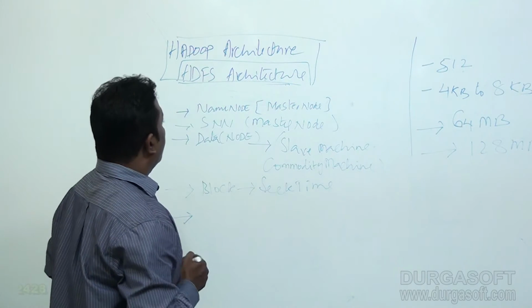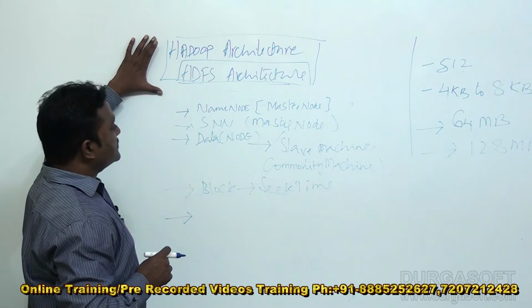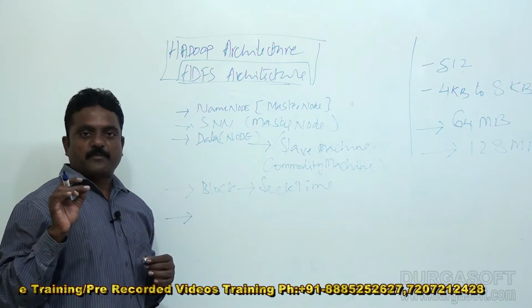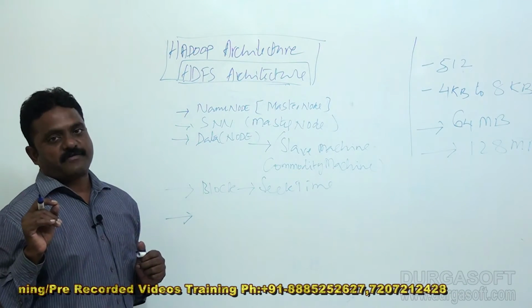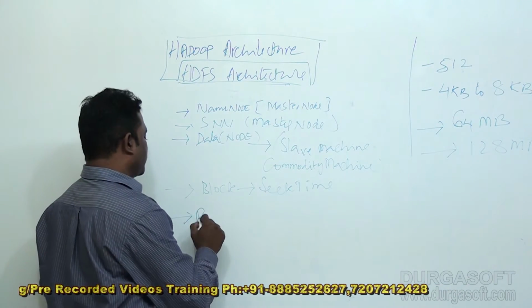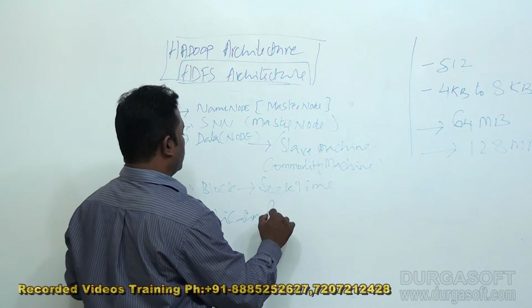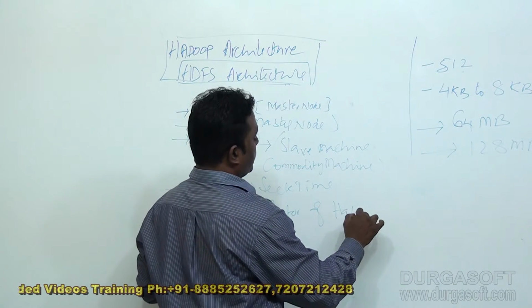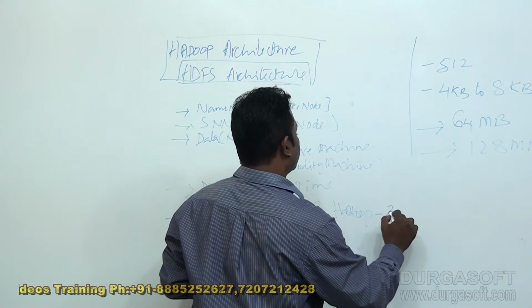Hadoop is also designed in such a way that you have a factor of replication implemented, and we call that the replication factor. The replication factor of Hadoop is 3.